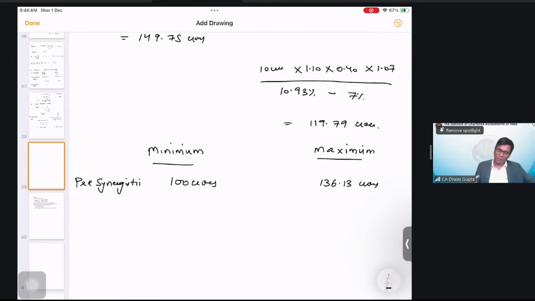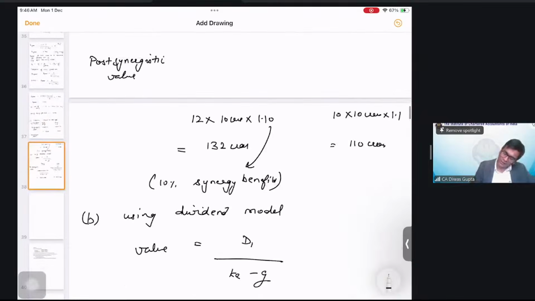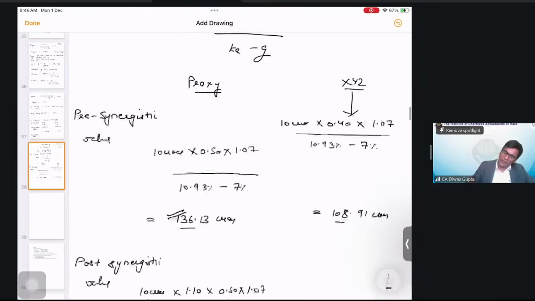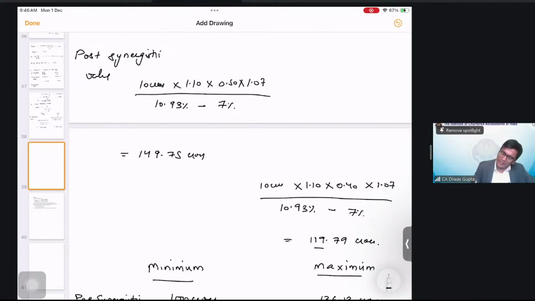Now if we talk about the post-synergistic, students, let's see basis P/E ratio, what was the value? Post-synergistic, 132 and 110, right? So these are the two values. And using the dividend model, 119 and 149.